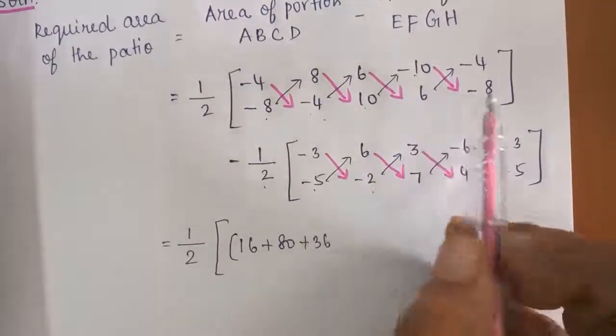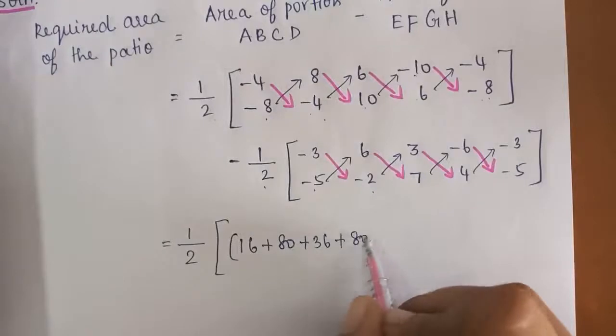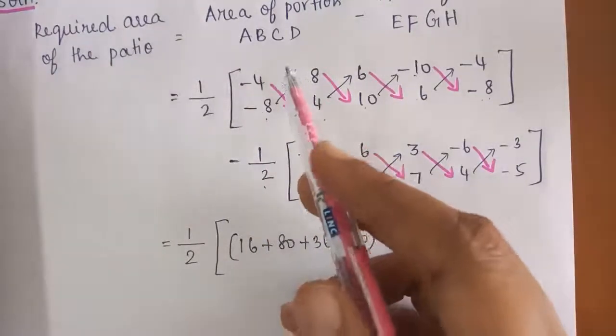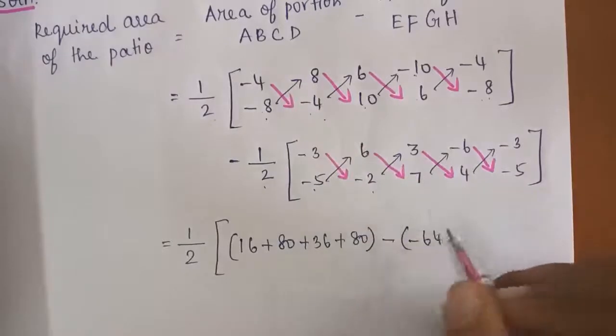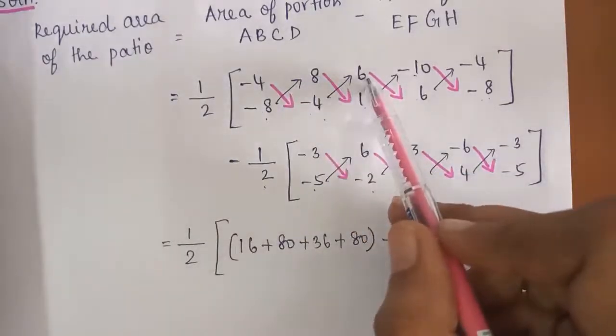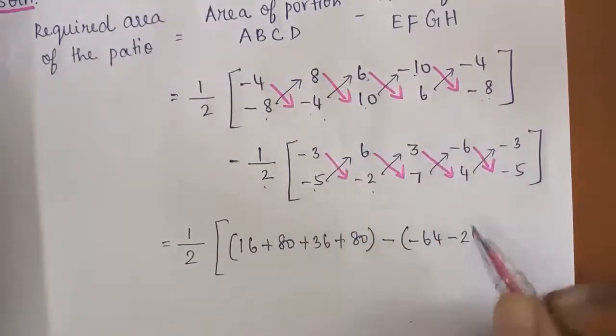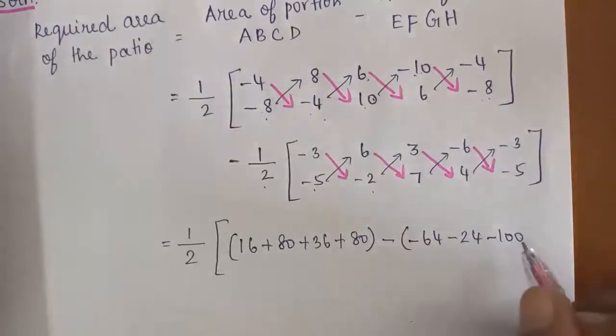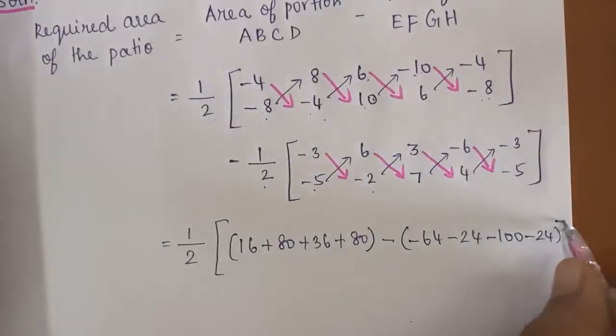Minus 10 into minus 8 is plus 80. Minus 8 into 8 is minus 64. Minus 4 into 6 is minus 24. 10 into minus 10 is minus 100. 6 into minus 4 is minus 24.